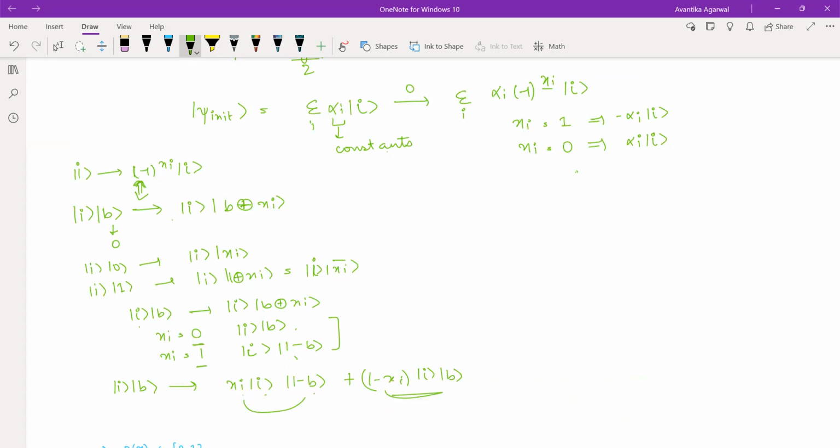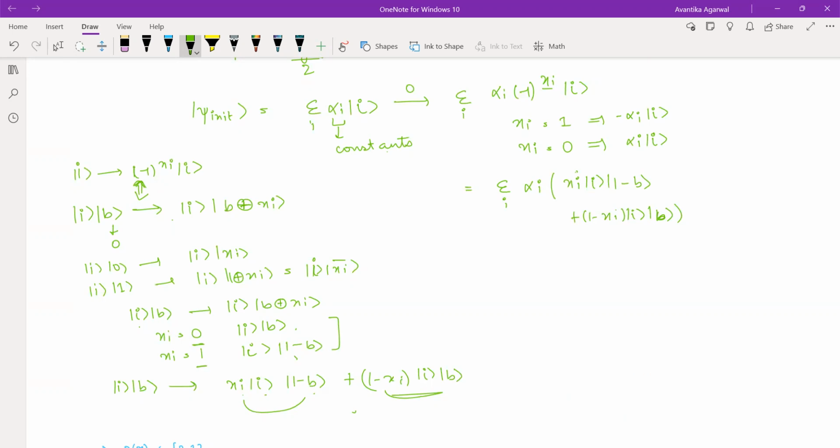So in general, we can write any query this way, right? If this makes sense, then it should be clear that the query that we made earlier can actually be written as alpha I times Xi I 1 minus B plus 1 minus Xi IB. I hope this makes sense.